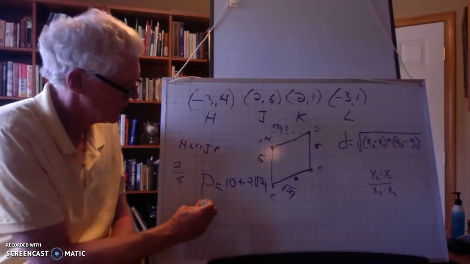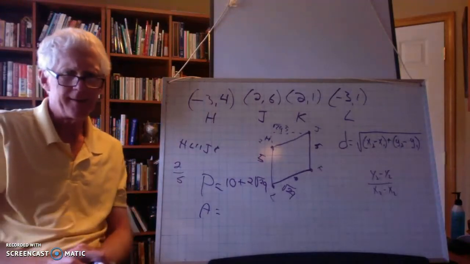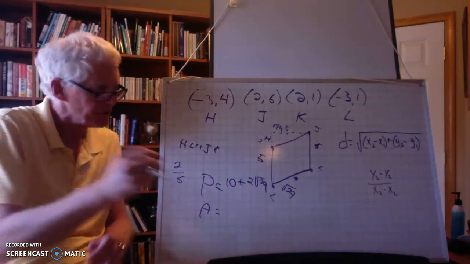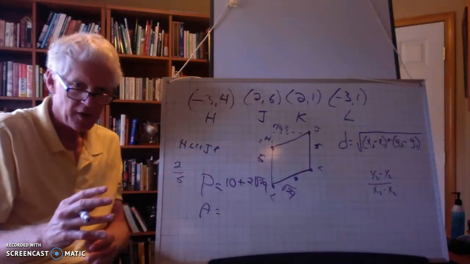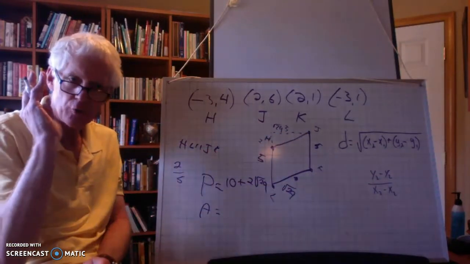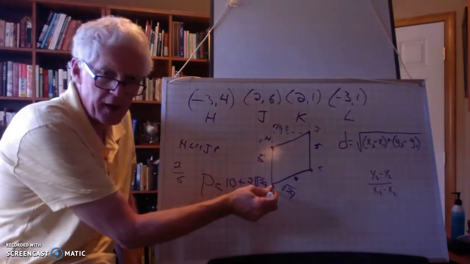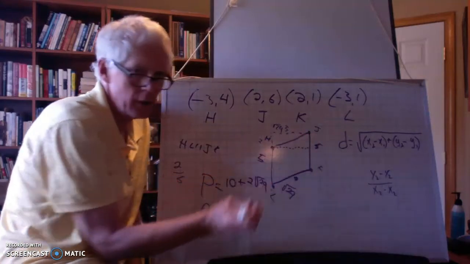Your area of a parallelogram is base times height. How do we do that? Well, let your eye turn this parallelogram. Let the base be one of these vertical lines. Then the height will be at a 90-degree angle to the opposite side. So let's let HL be the base. We'll let the height be this line right here.